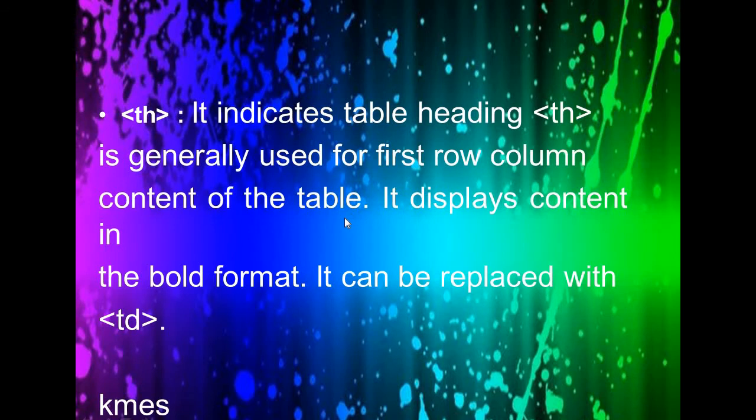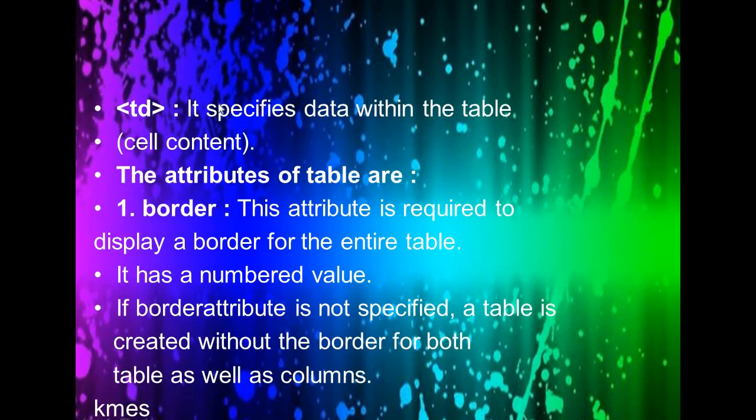In the first row of the column, the table heading tag is used. It displays content in bold format. It can be replaced with td. td specifies data within the table, that is, cell content.